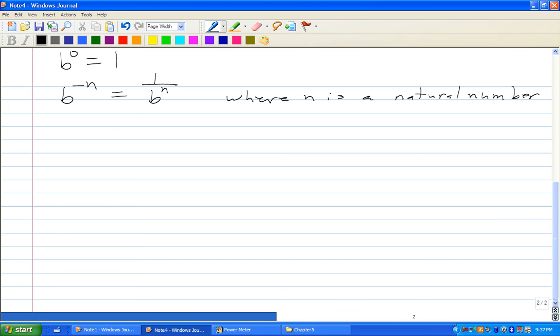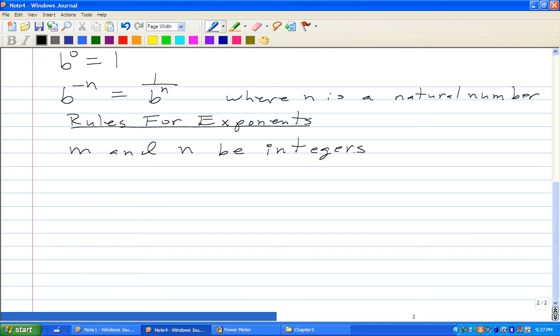So let me give you some rules for exponents. Again, this is just a review from before. Let m and n be integers. Property 1: b to the power m times b to the power n is just b to the power m plus n.